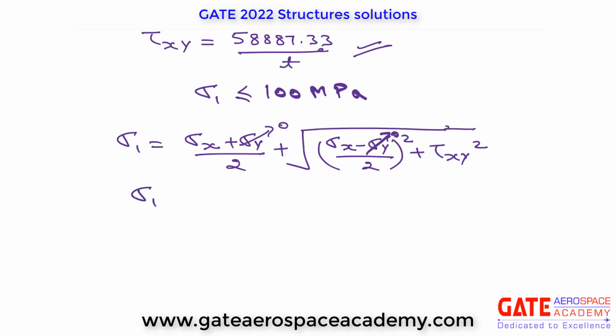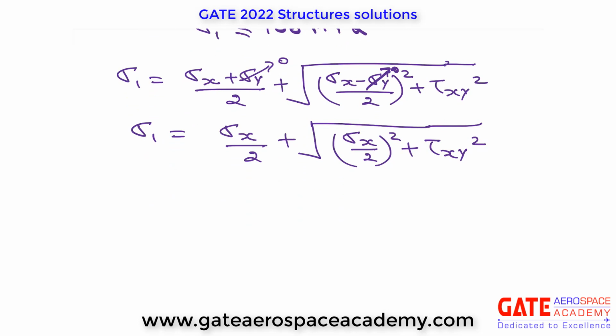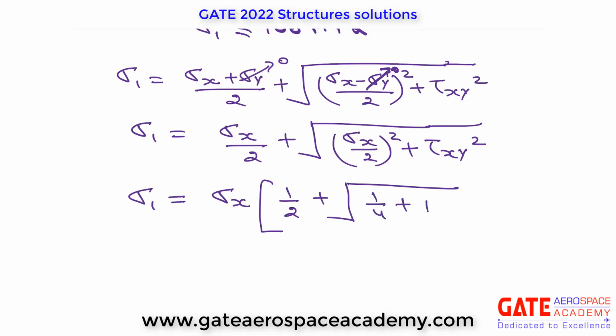So sigma 1 is equal to sigma x by 2 plus under root (sigma x by 2) square plus tau xy square. So both sigma x and tau xy are same, so we can take common. So sigma 1, maximum principal stress, let's take sigma x common because sigma x is equal to tau xy: sigma x times (half plus under root 1 by 4 plus 1), right?